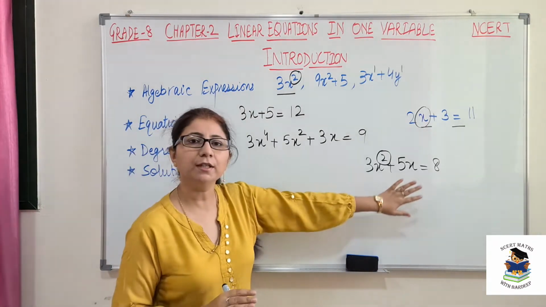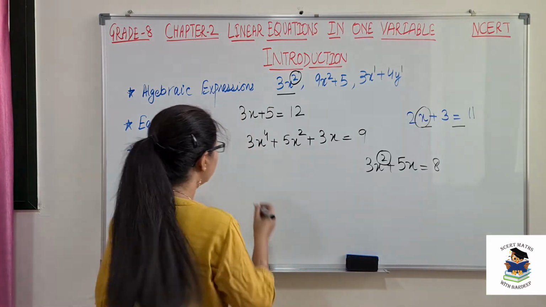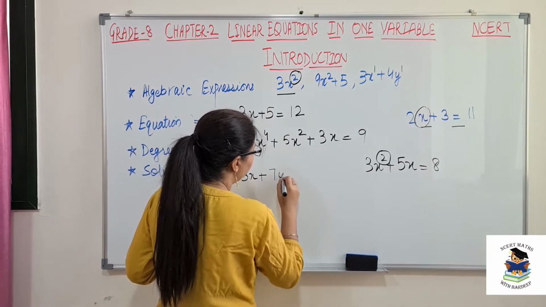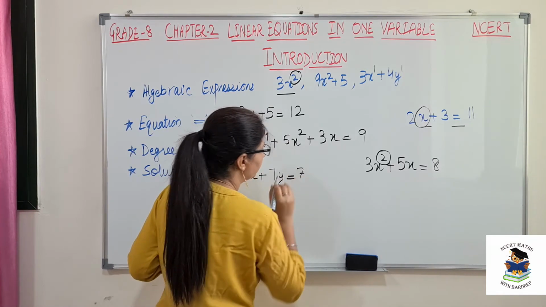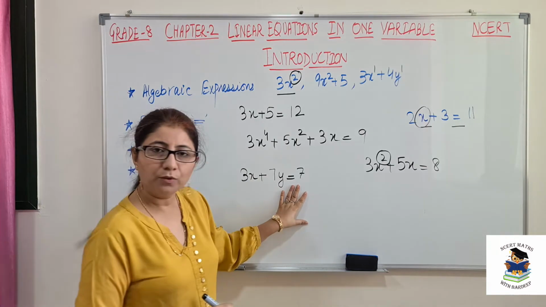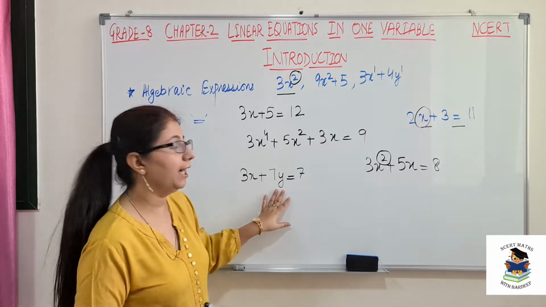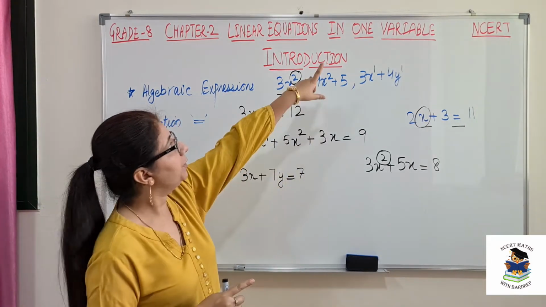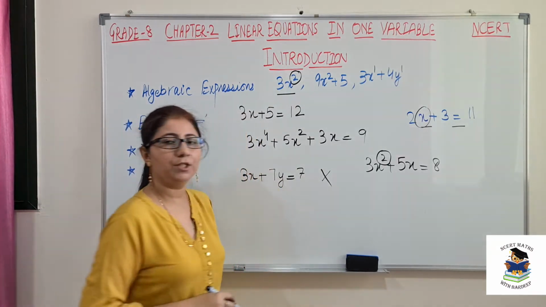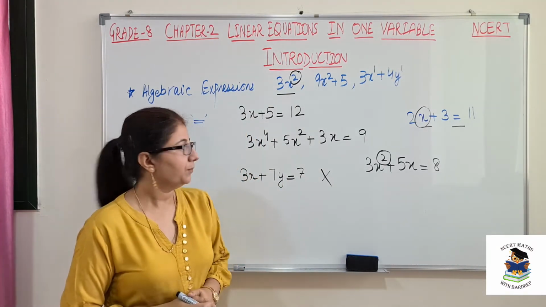So this is not a linear equation. Suppose I am saying that 3x plus 7y equals 7. Here again, if you want to check, the equal to sign is there, but we have two variables. But we want only one variable, so this is not a linear equation in one variable.